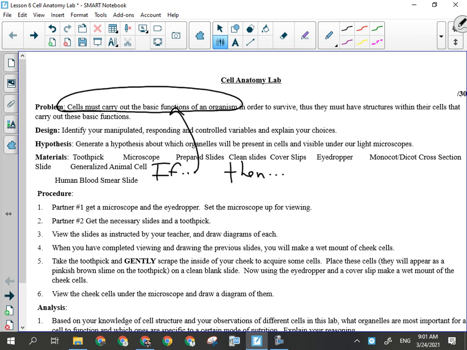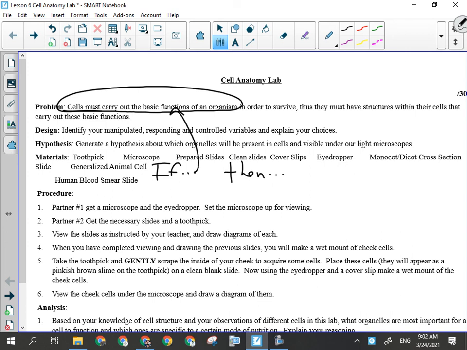Okay. So we said the premise here is cells carry out the basic functions. What we're trying to figure out is what structures do they need. So the then part should tell me what structures you expect to see in each cell and why.